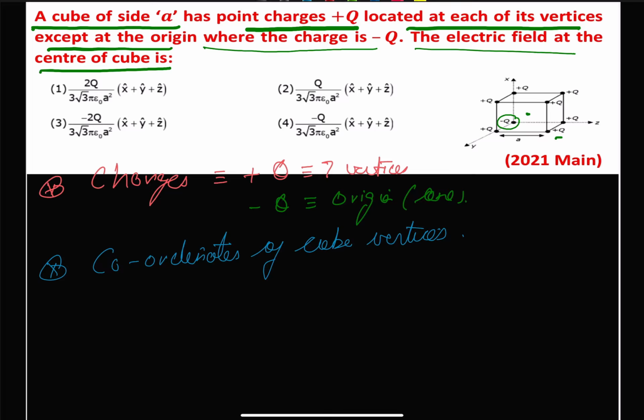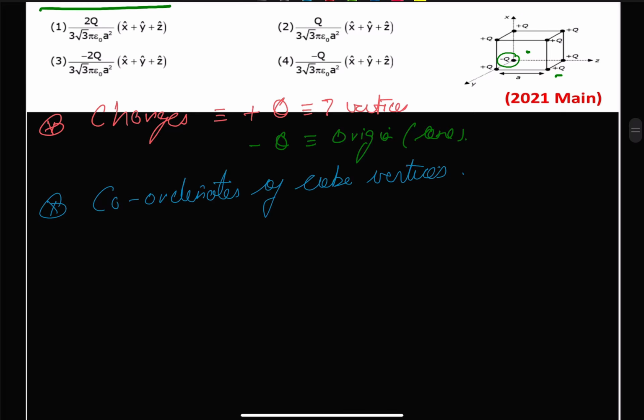The vertices will be 0, 0, 0, that is the origin, and then we have a, 0, 0, and 0, a, 0, and 0, 0, a.